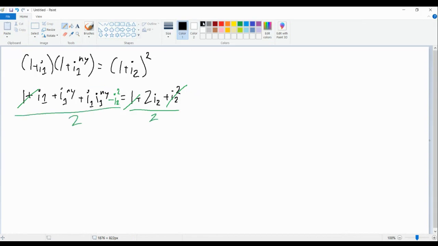And what are we going to get? On this side, we'll only have I2. And on this side, we'll have left over I1 plus I1 next year, divided by 2. Now that looks intuitive, interesting, and maybe powerful.